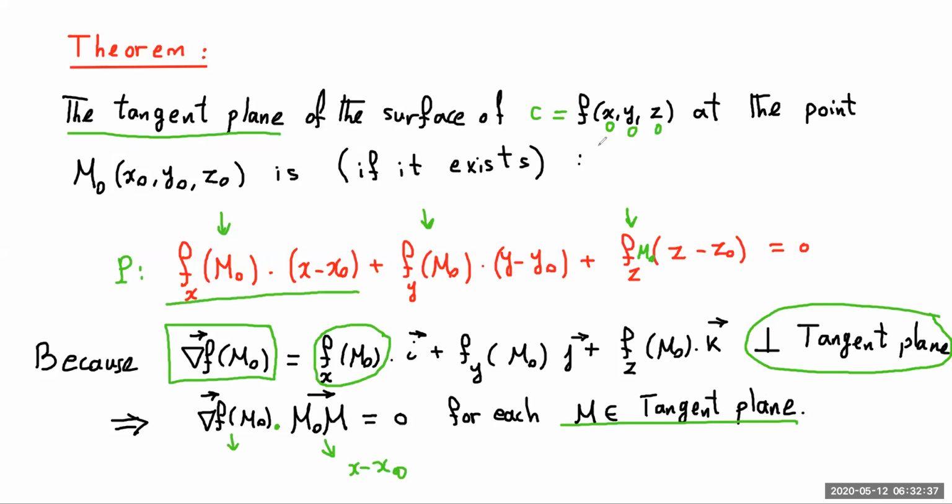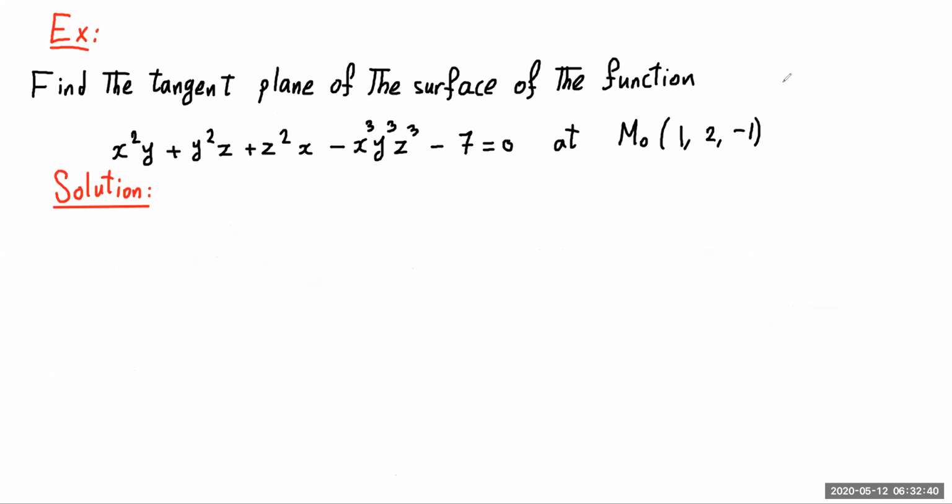Okay, let's take an exercise. Find the tangent plane of the surface of the function given here at the point. Let's verify at first that this point satisfies the equation. If I put x = 1, y = 2, z = minus 1, then 1 times 2 gives 2 here. And here 2 times minus 2 power 2 times minus 1, so minus 4. Minus 1 power 2 times 1, so it's 1.